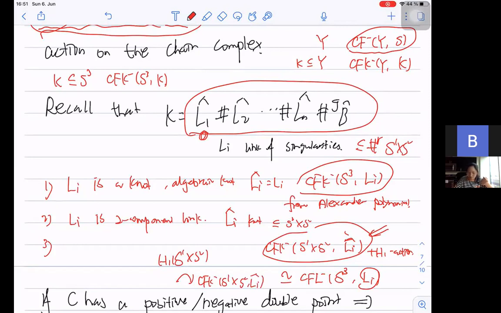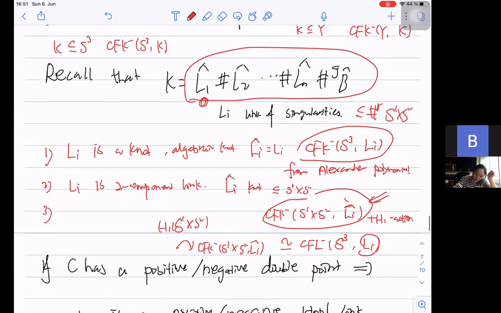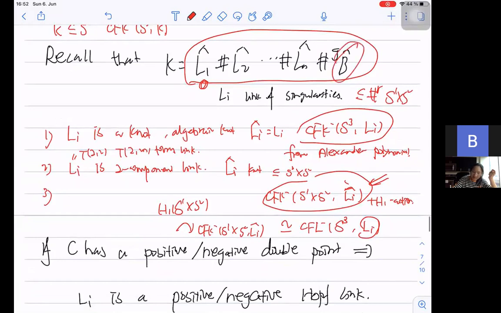We use this way to compute, for example, the case when L_i equals T(2,2n), the torus link. They're both two-component links. The last piece we need is the B hat.